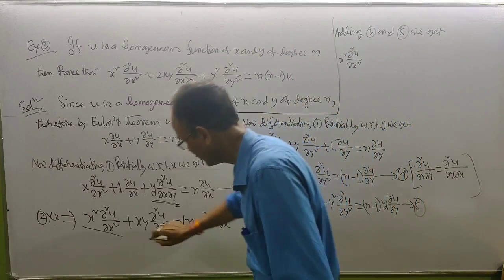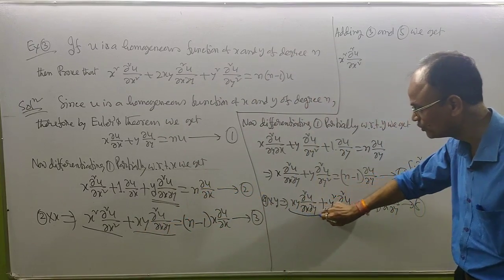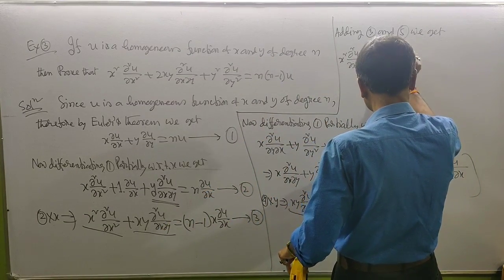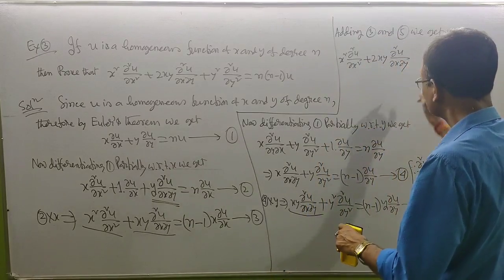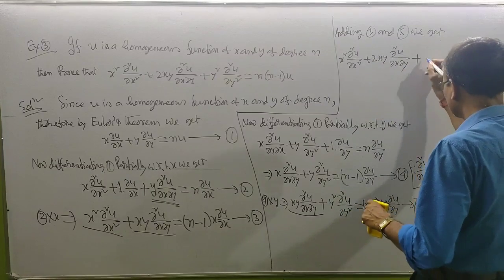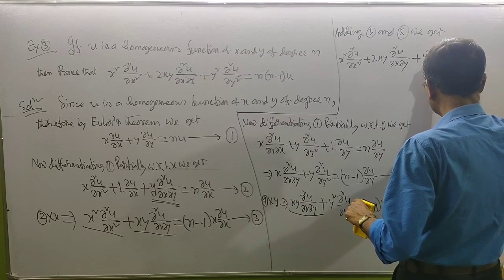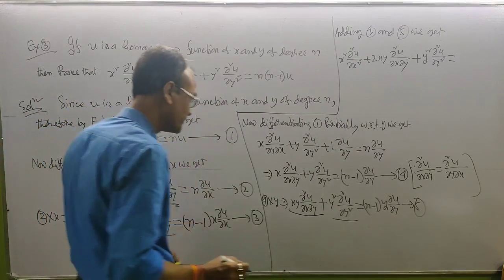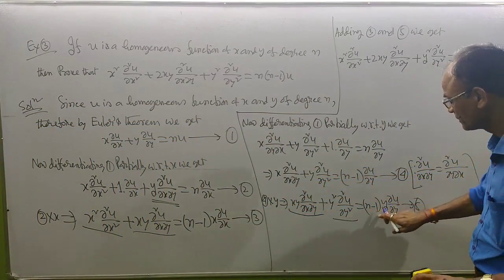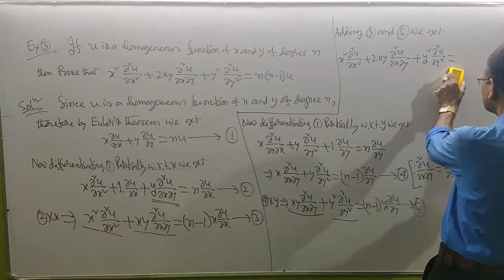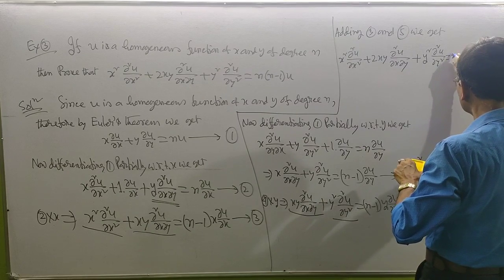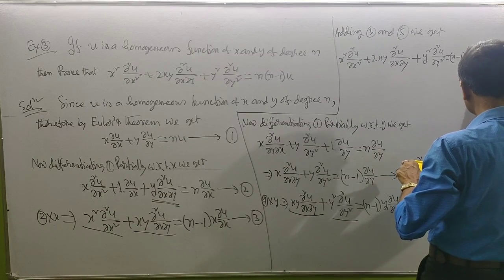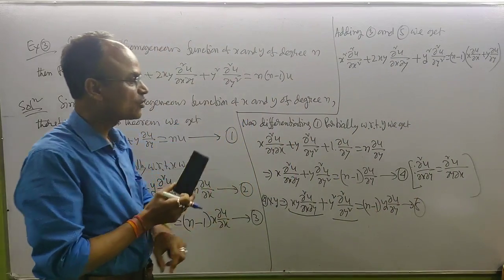Then xy del 2 u by del x del y, this will be 2 times xy del 2 u by del x del y, plus y square del 2 u by del y square, should be equal to n minus 1 x del u by del x plus n minus 1 y del u by del y, n minus 1 common, and in the bracket you will get x del u by del x plus y del u by del y.